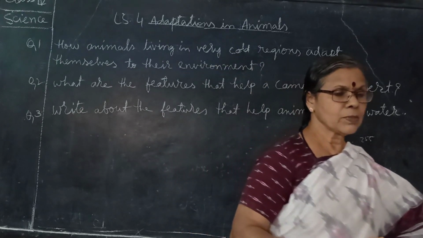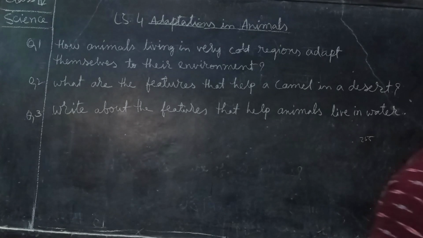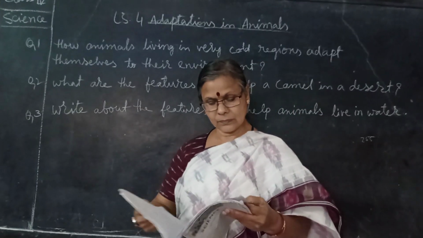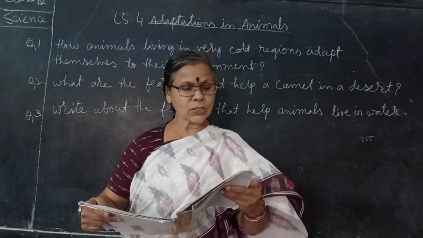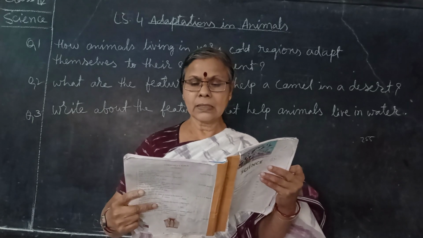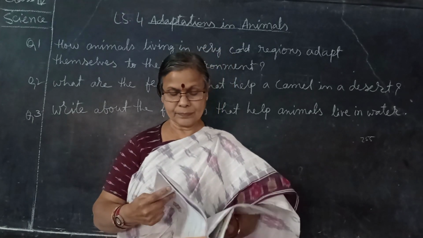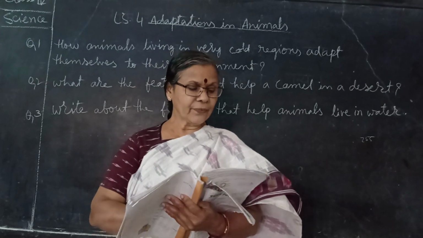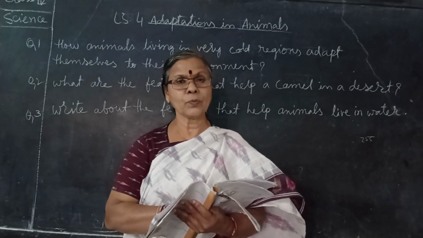Shall we go for objective type now? Open the textbook page number 222, multiple choice questions and fill in the blanks. These two are there. Elephants are herbivores, carnivores, omnivores.